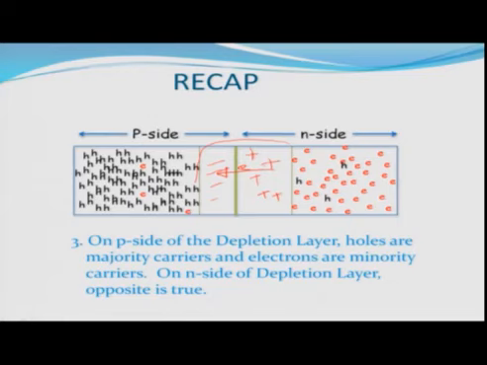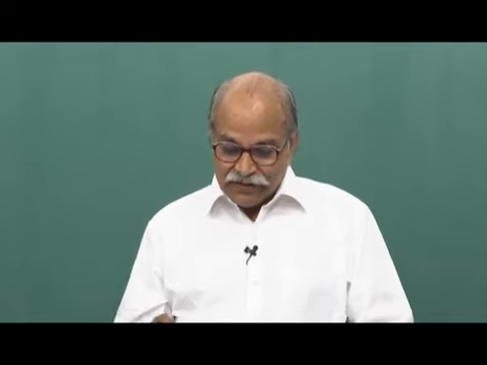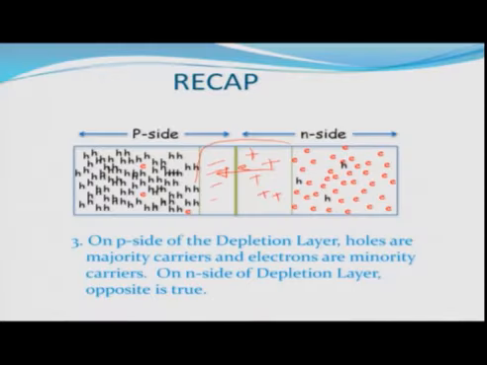So, that creates an electric field, and any hole electron pair that is created, this electric field will sweep them to the respective sides, and this region is carrier free. It is not charge free, it is carrier free. That is the most important point to remember. So, this whole thing is known as a depletion region that we talked about.